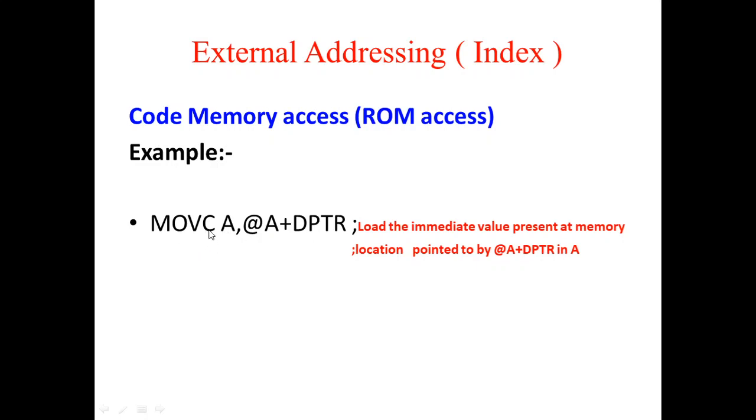C is code memory. This MOV indicates the move action, meaning transfer, and C means it is related to code memory. Now we want to transfer data from source location to destination. The source location is pointed by the address at A plus DPTR, means accumulator plus DPTR, the lookup table's base address plus displacement. We take the data from that and pass it into the accumulator.